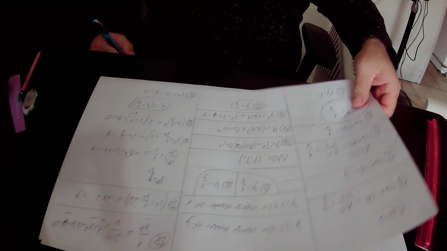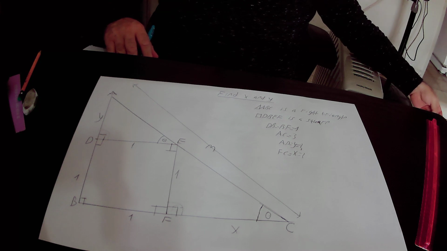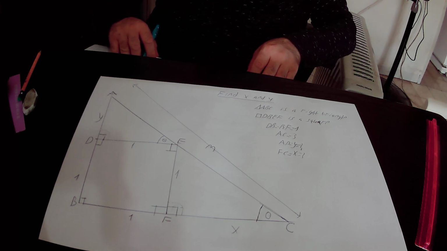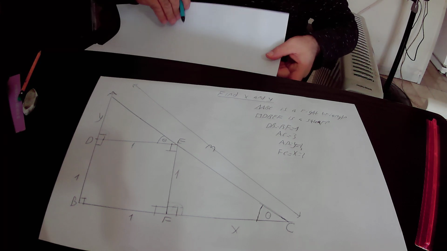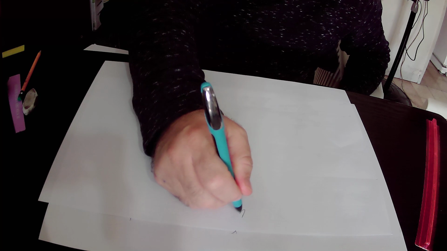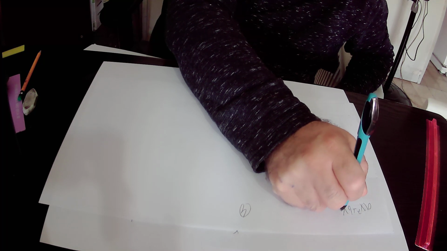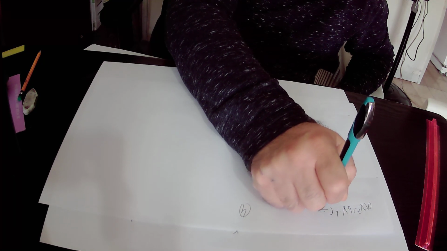The general formula for a quadratic equation is actually ax squared plus bx plus c equals 0.